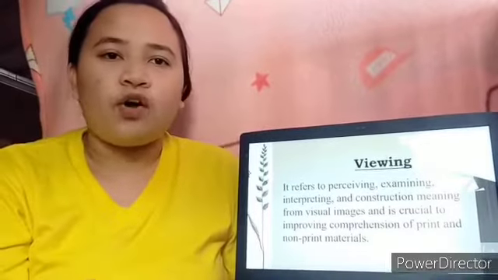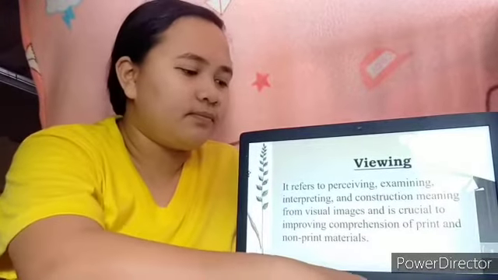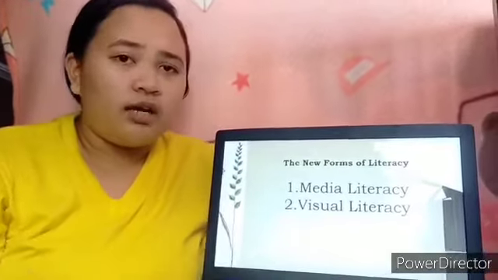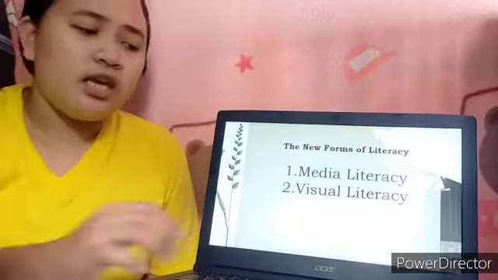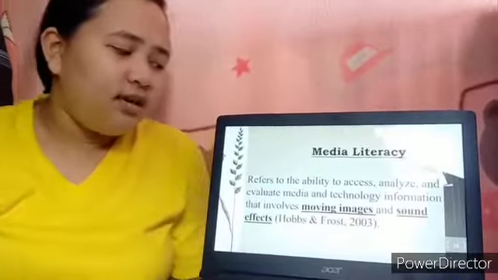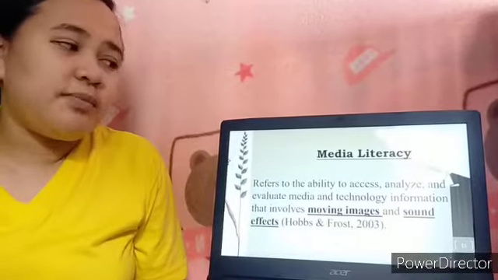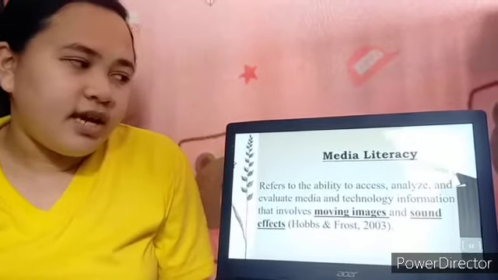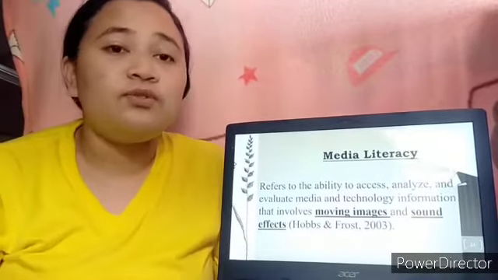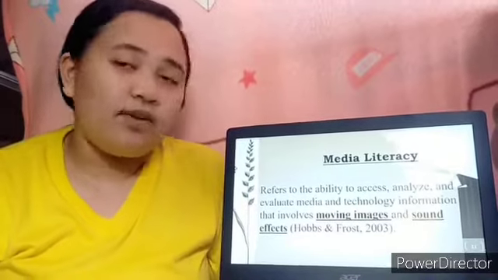So there are new forms of literacy, which are media literacy and visual literacy. So what is media literacy? Media literacy refers to the ability to access, analyze, and evaluate media and technology information that involves moving images and sound effects.